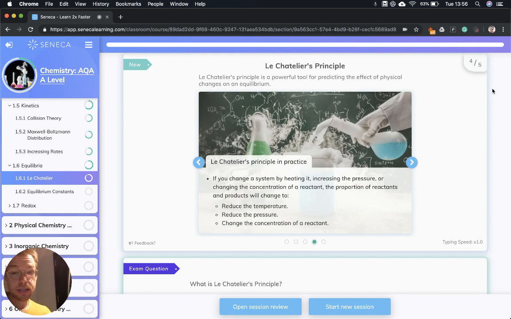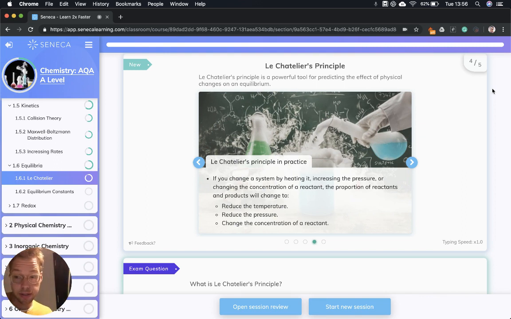If you change a system by heating it, increasing the pressure, or changing the concentration of a reactant, the proportion of reactants and products will change to reduce the temperature, reduce the pressure, or reverse the concentration change. Le Chatelier does not like change. It likes stability. It likes to keep everything chill.